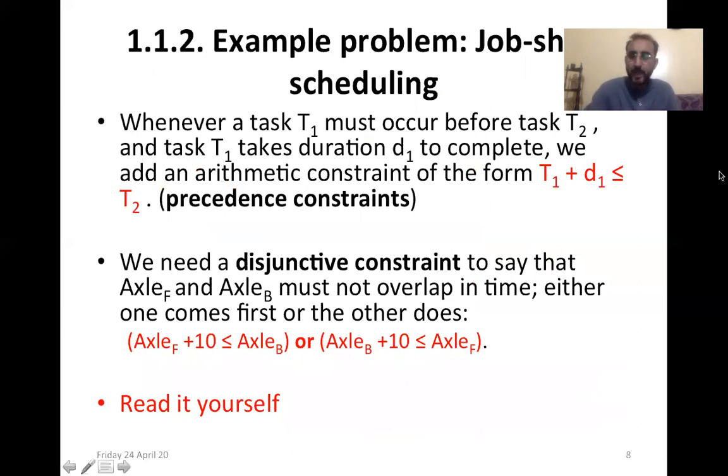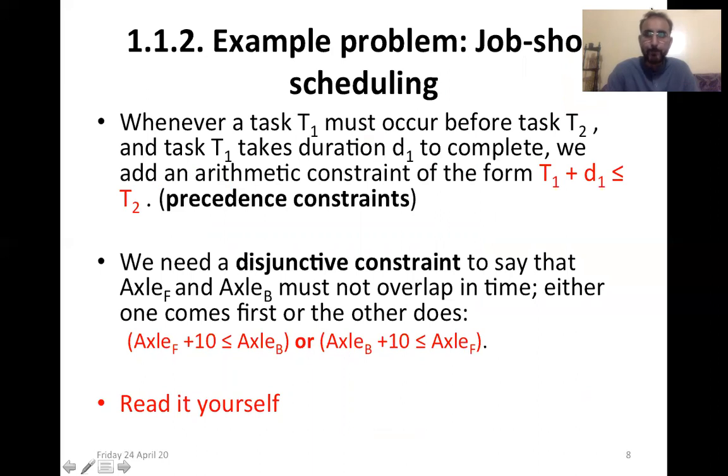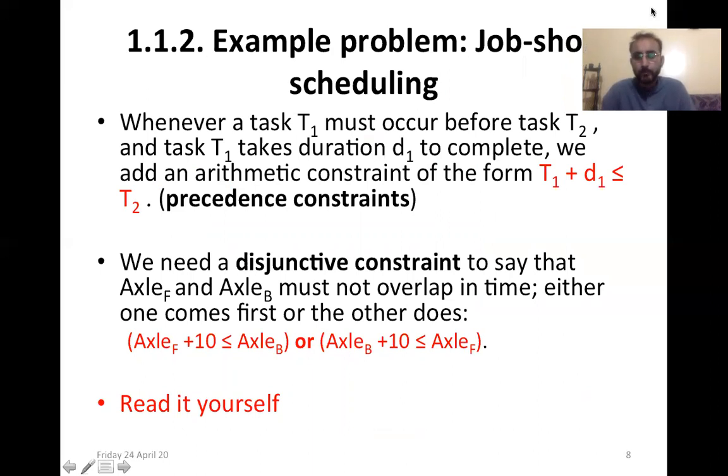So the next slide is an example, and you can read this example in detail in your textbook. Here, just a simple concept is being conveyed, that constraints can be of different types.